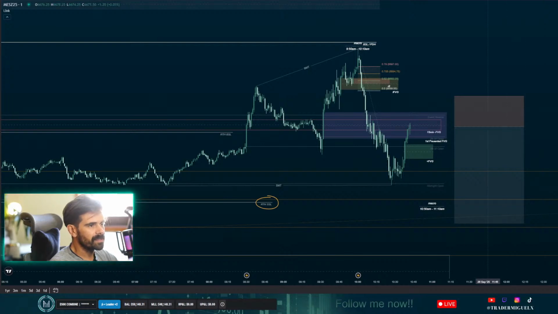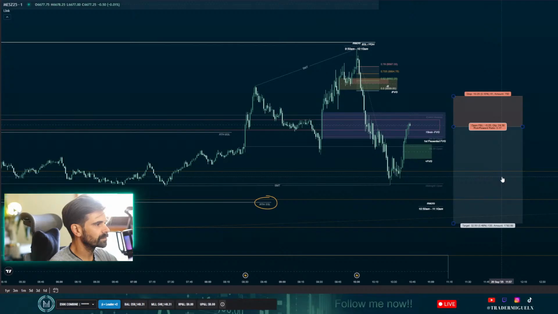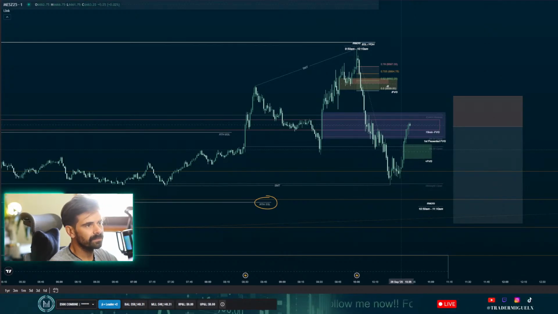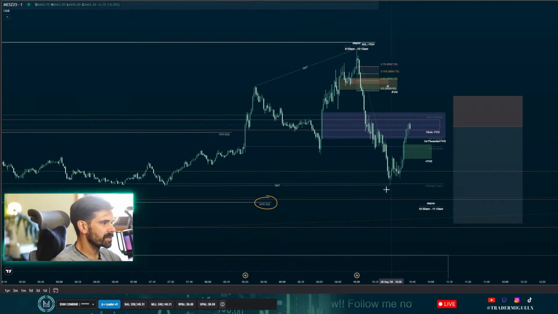At this point, ES is entering the 15-minute fair value gap that it left behind, leaving another wick behind on the 1 hour. But even here, there's no model for me because we didn't take this low out.